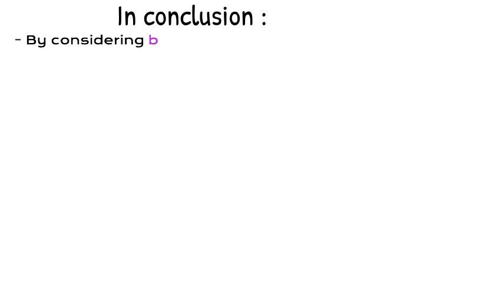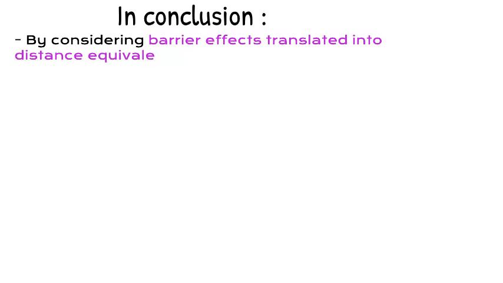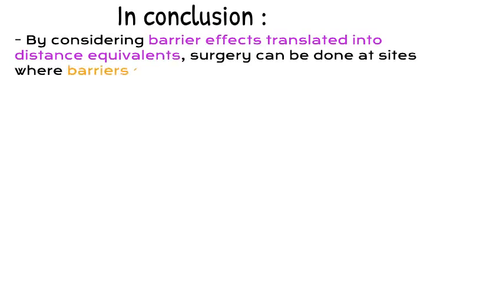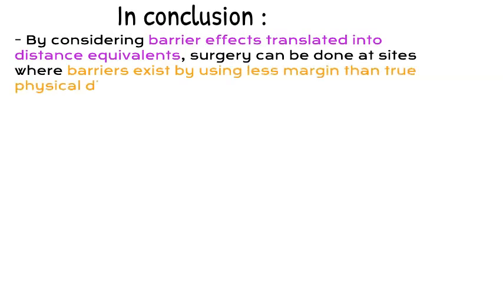In conclusion, by considering barrier effects translated into distance equivalence, surgery can be done at sites where barrier exists by using less margin than the true physical distance.